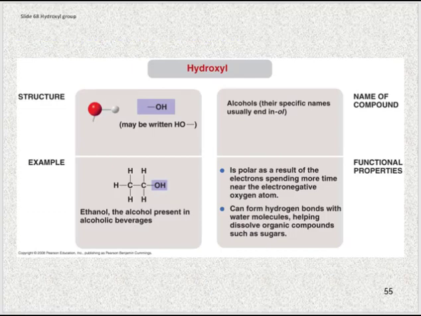The hydroxyl group contains a carbon or an R group that is attached to an oxygen and a hydrogen. They are polar hydrophilic substances that tend to make things more soluble in water. They are hugely abundant in sugars and alcohols.